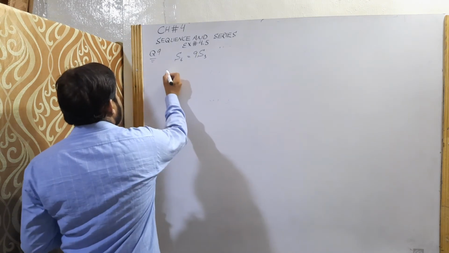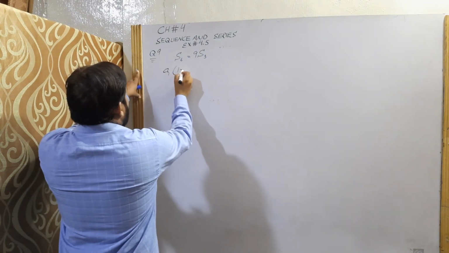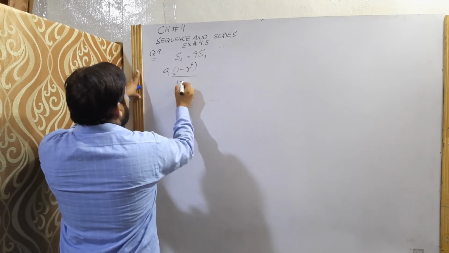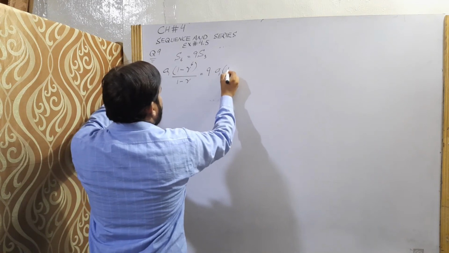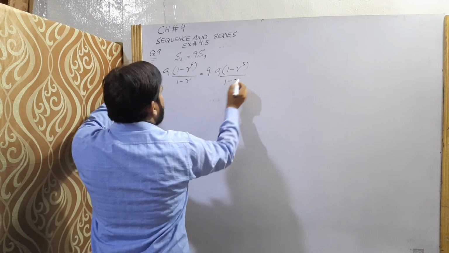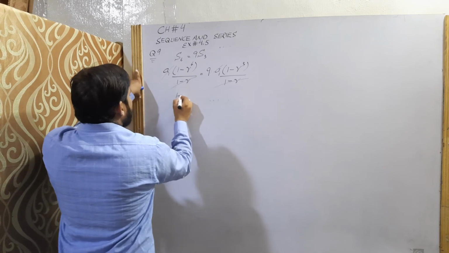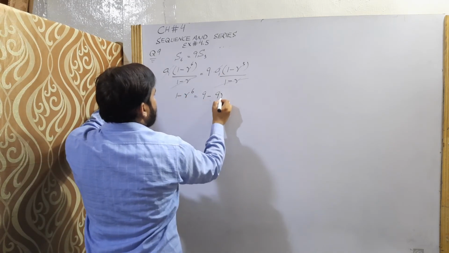S6, using the formula of the sum of a geometric series, a1(1 - r^6)/(1 - r) is equal to 9 times S3, which is a1(1 - r^3)/(1 - r). So 1 - r cancels, a1 cancels, so there is 1 - r^6, and this is 9 ones are 9 minus 9r^3.